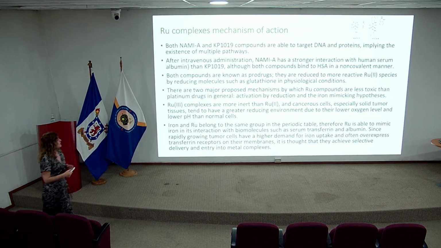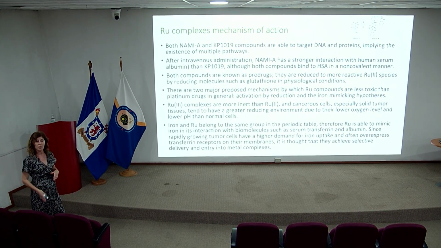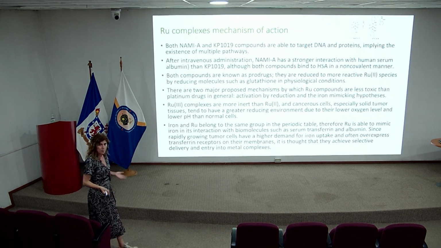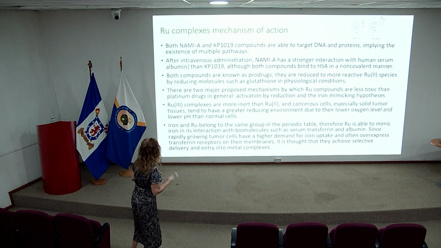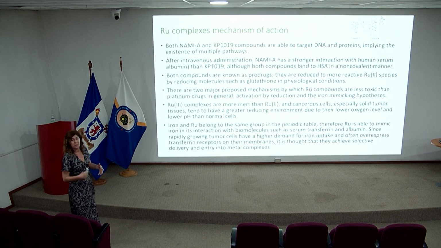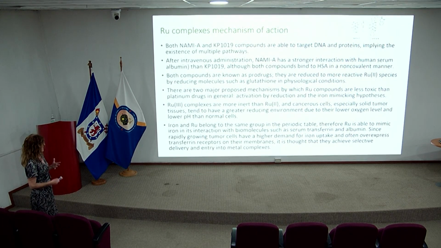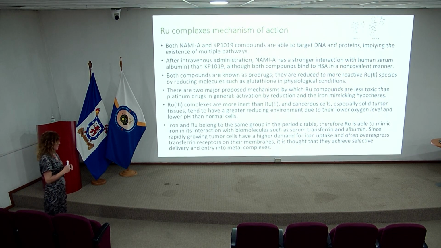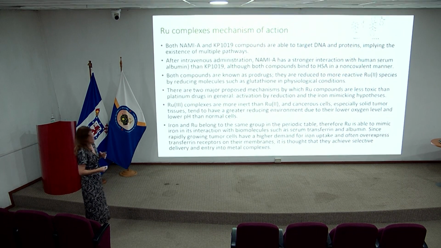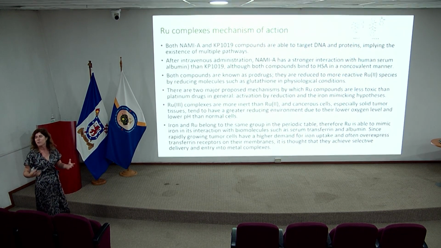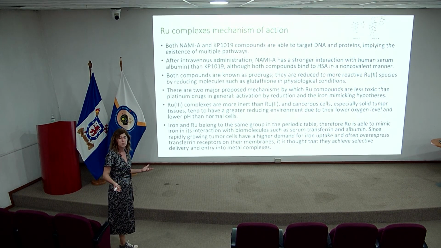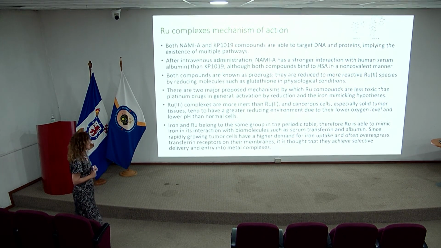The other thing is that ruthenium belongs to the same group as iron, and we know that elements in the same group share the same properties, and so it is considered that ruthenium is able to mimic iron in its interaction with biomolecules, for instance with serum transferrin and albumin. And it is also known that tumor cells have a high demand for iron, and so they overexpress these transferrin receptors.